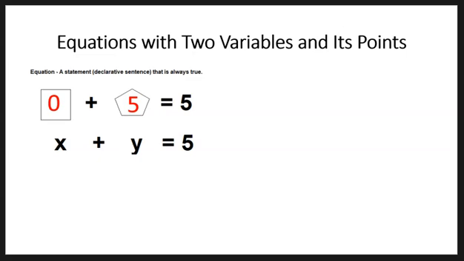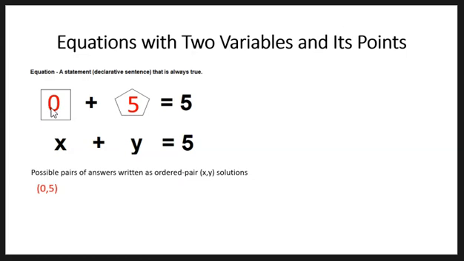And when you have a pair of answers, we write it using a notation, a format of writing answers, called an ordered pair. We're going to write these 2 numbers in parentheses separated by a comma, where the first number is for the x or the rectangular box, and the second number in the parentheses is for the y or for the pentagon.